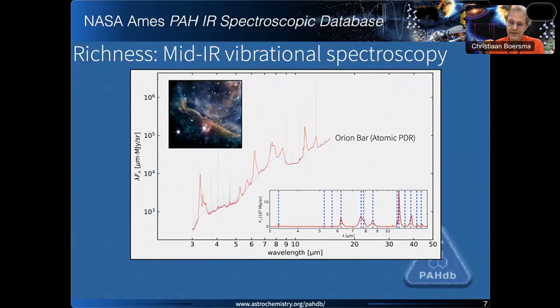Diving deeper into the spectroscopy, here is the 3 to 20 micron JWST spectrum of the atomic PDR in the Orion bar. Crudely removing the atomic and molecular emission lines, as well as an automated spline continuum, isolated the PAH emission bands, here indicated in the inset with the dashed blue lines.